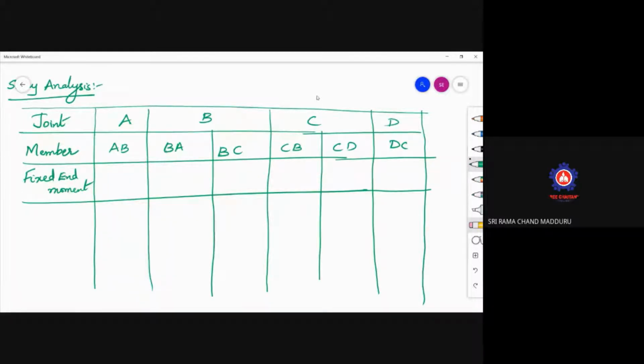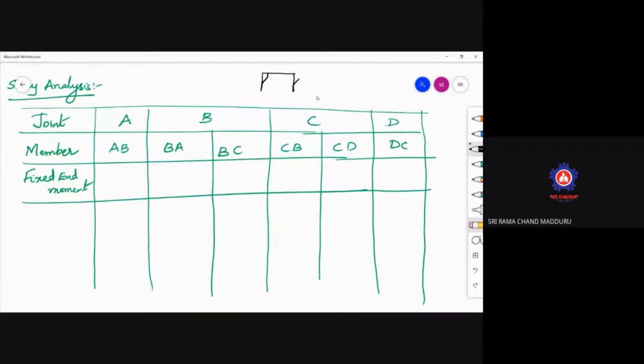Now remember this. Where will the sway occur, either in the beams or the columns? I want your response. Where will the sway occur? Columns, sir. In the columns. So in beams we will not get any sway. If you observe, this is your column. When a horizontal force or a sway condition is happening, it will displace like this.